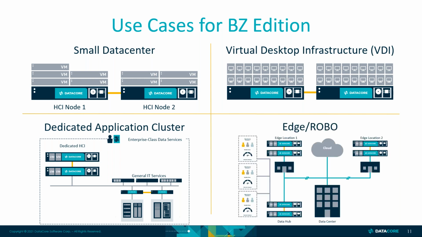And then the last one, that is coming more into vogue these days, certainly finding more appeal, both in connected and disconnected states, is the edge and remote office, branch office environment. We see a lot of that in DataCore SANsymphony installations around the world.